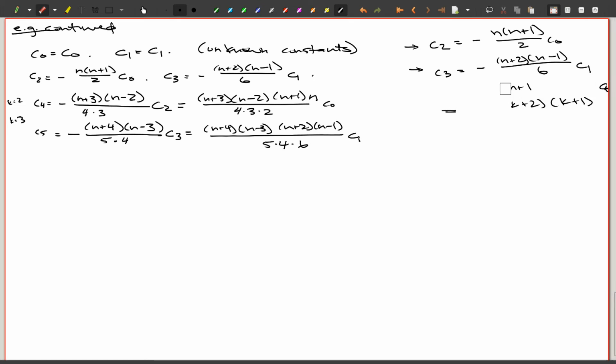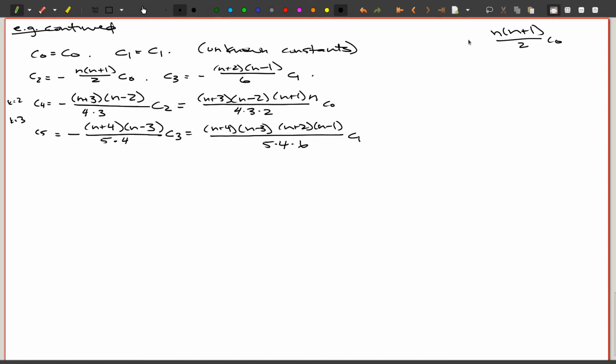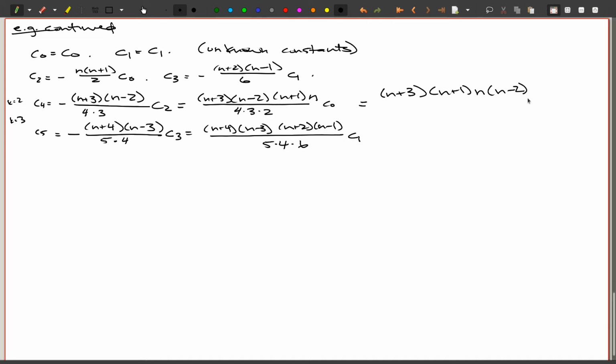And I'm going to delete these equations because now I feel like we know the pattern we're going to follow. And I need extra room to rearrange these. Oh, okay, there we go. I just want to put everything in descending order. That's going to be easier for me to spot a pattern when it shows up. So it's going to give me n plus 3 times n plus 1 times n minus 2.